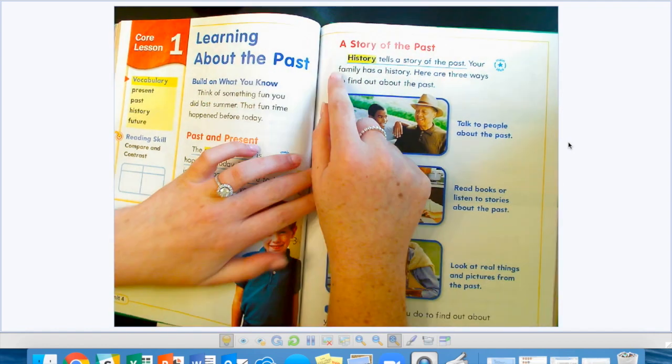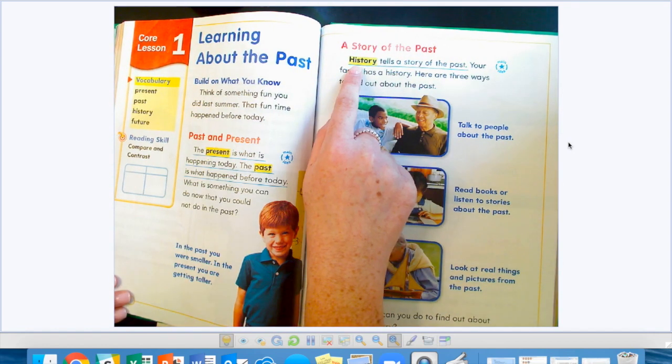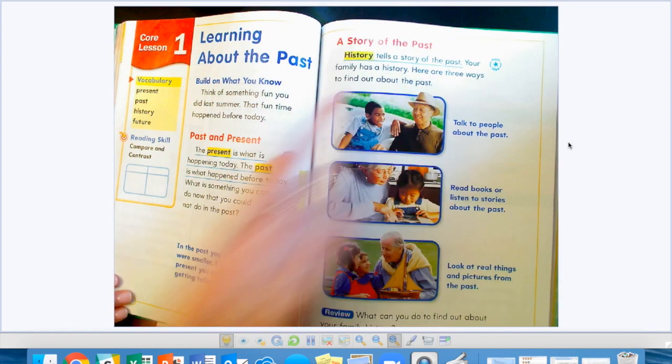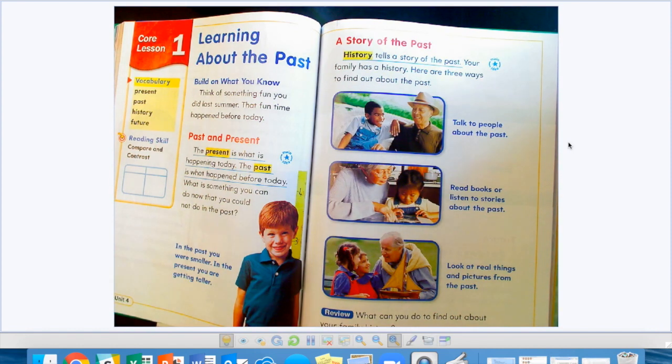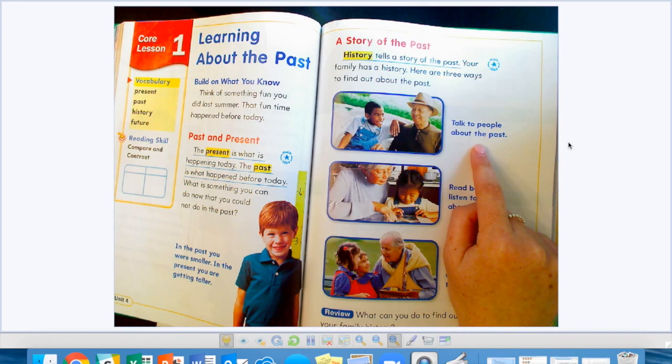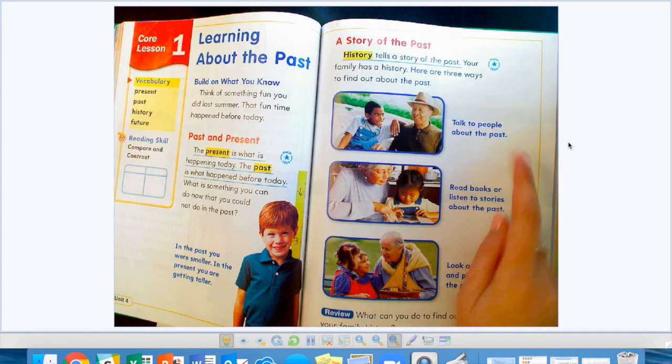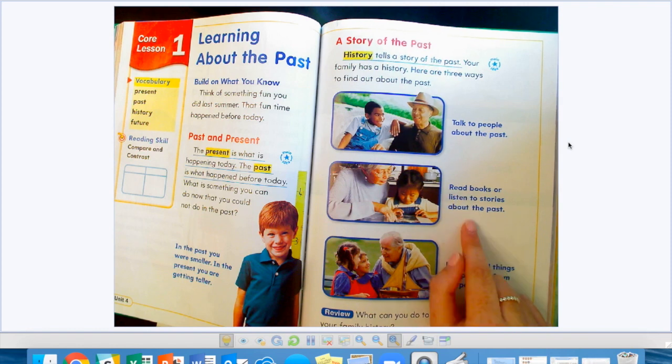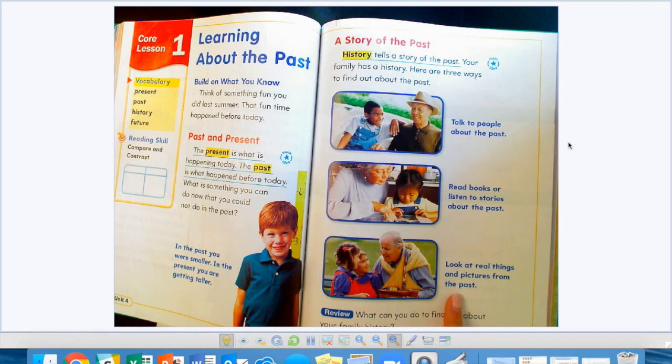A story of the past is called history. Your family has a history. Here are 3 ways to find out about the past. You can talk to people about the past, like talking to your parents or your grandparents. You can read books or listen to stories about the past. And you can look at real things and pictures from the past.